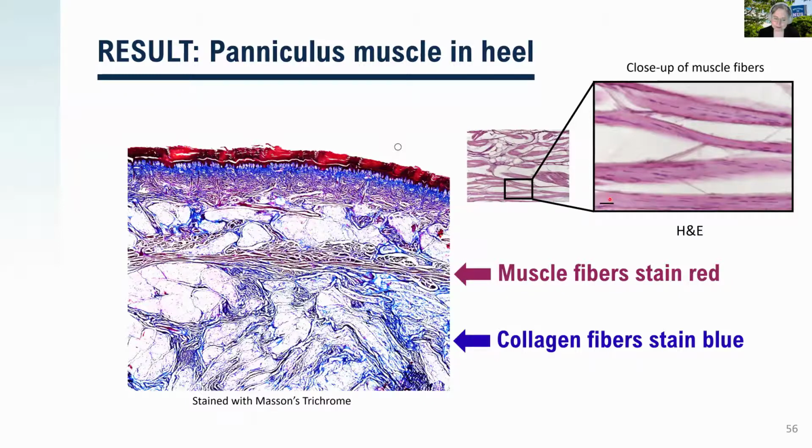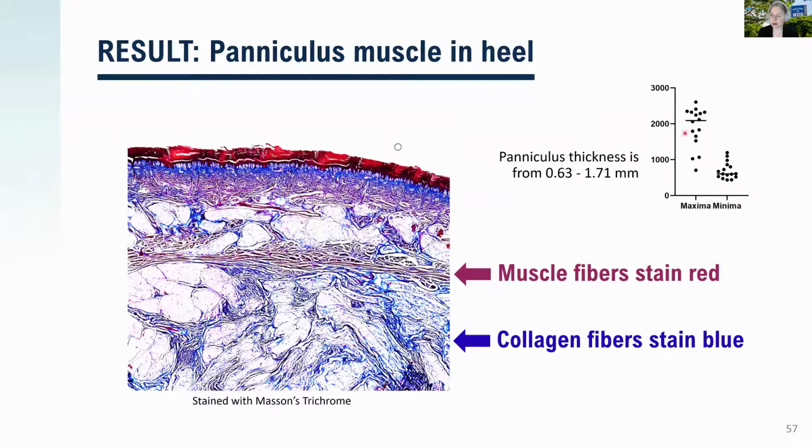The size of that muscle is really, really small. So the thickness is between 0.5 millimeter to 1.7 millimeters, so that's very small. The muscle we studied in the mice was also incredibly small, and so the vast majority of the wound tissue is not muscle.